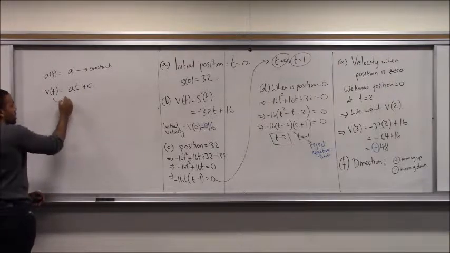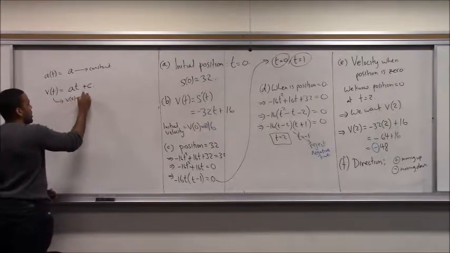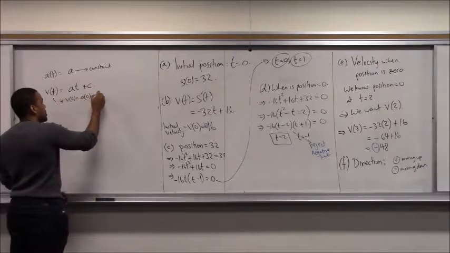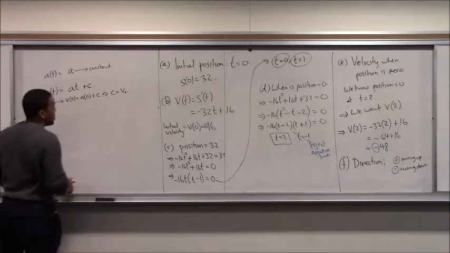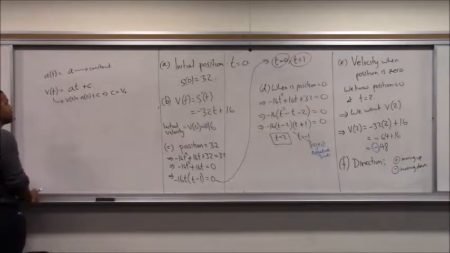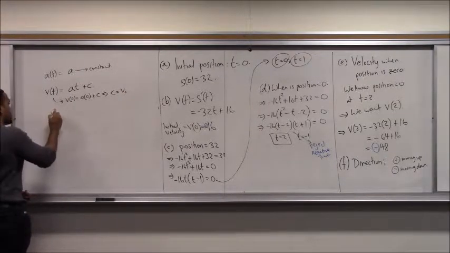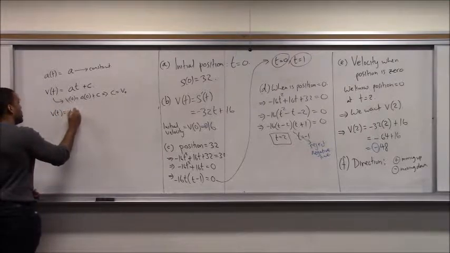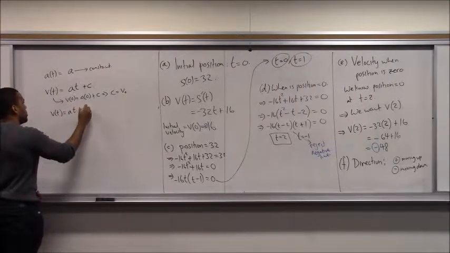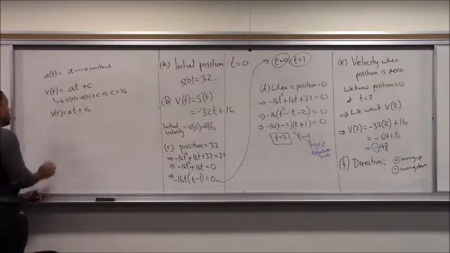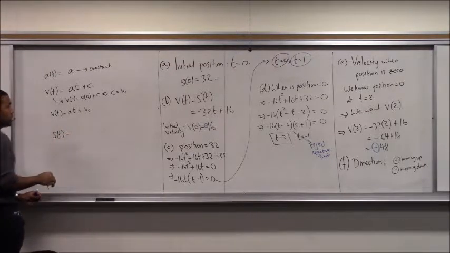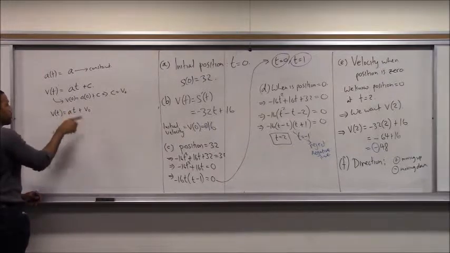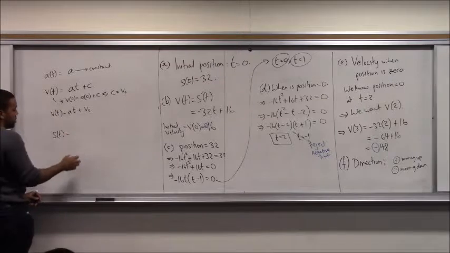You can use the initial velocity. V of 0 would be a times 0 plus c, so your c is the initial velocity, which we normally call v naught. And so your velocity function is at plus v naught. Then you go one step further, to position, and try to do the same thing. What if I want to reverse this? What would this have to come from if I were differentiating?